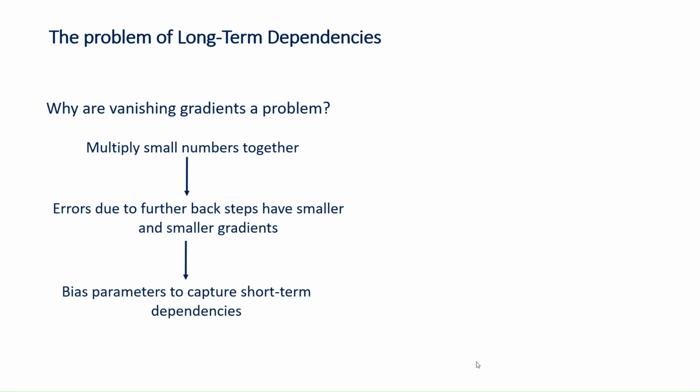When this happens to the gradients, it is harder to propagate the errors further back to the past, because the gradients are becoming smaller and smaller. This ends up biasing our network to capture more short-term dependencies, which may not always be a problem. Sometimes we only need to consider very recent information to perform our task.